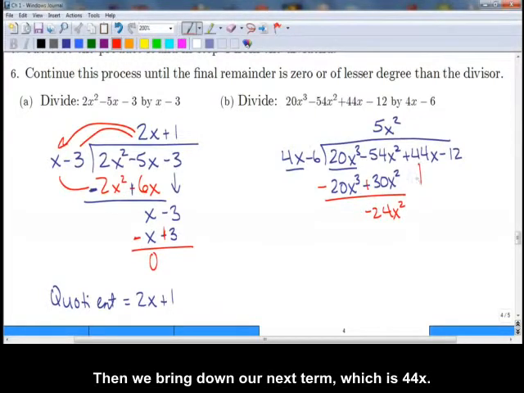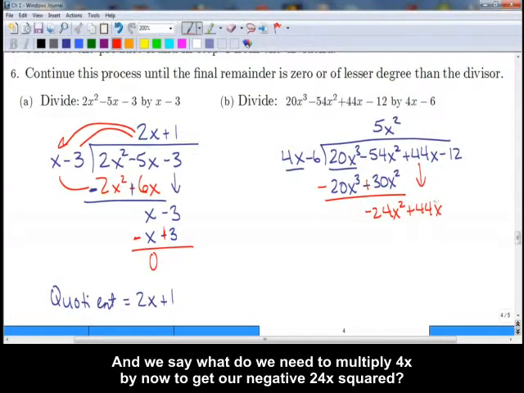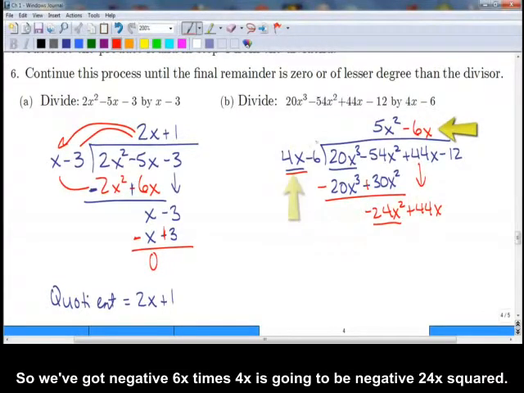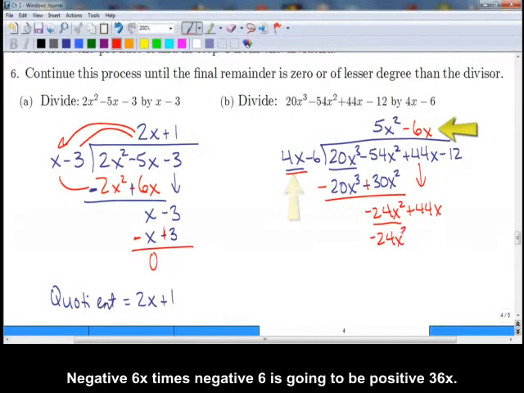Then we bring down our next term, which is 44x. And we say, what do we need to multiply 4x by now to get our negative 24x squared? In that case, we would need a negative 6x. Again, we've got our x column here. So we've got negative 6x times 4x is going to be negative 24x squared.